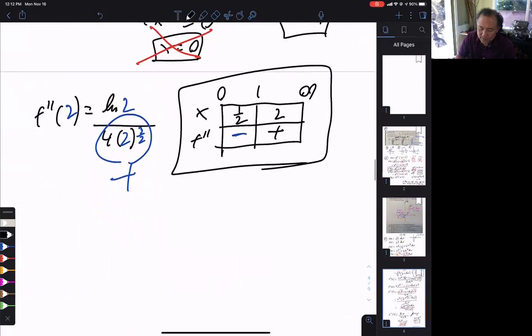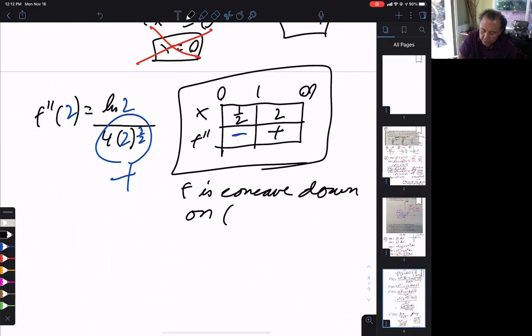Let's do this. We know if the second derivative is negative, f is concave down, the function. So we will say f is concave down on the interval from 0 to 1. Why? I'll write out the word.